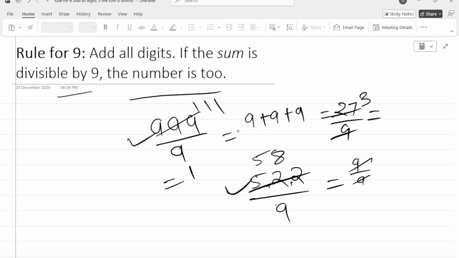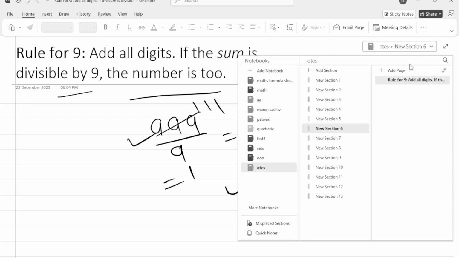Here you can clearly see it is divisible. If we add the digits and the sum is completely divisible by 9, the number is completely divisible by 9. Now move to the next number.